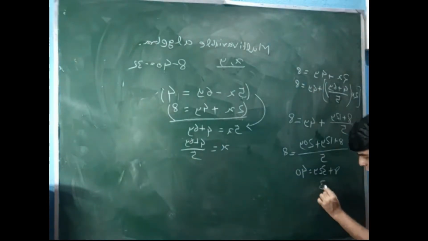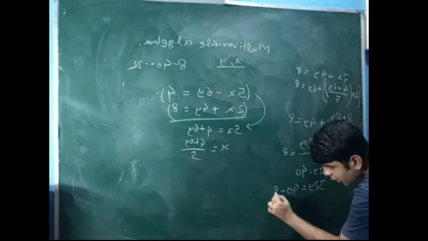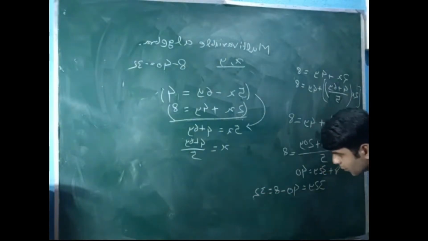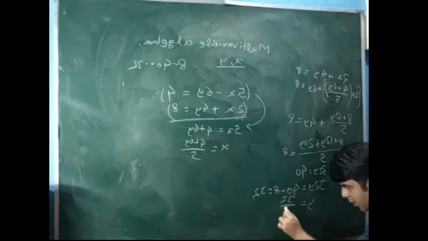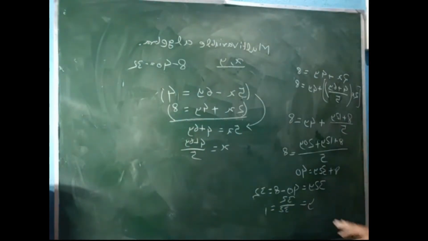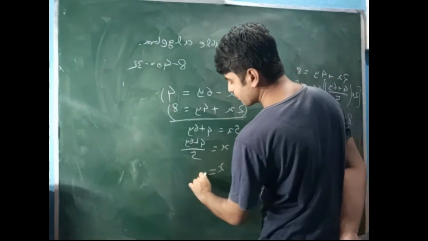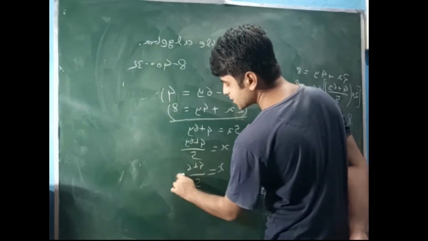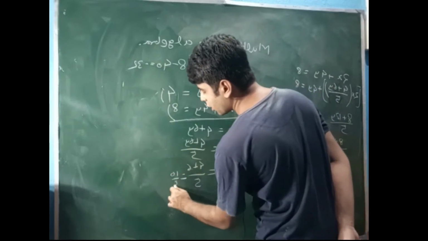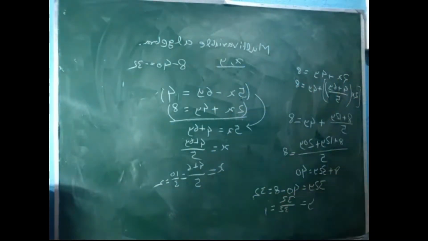So 32y equals 40 minus 8, or 32, or y equals 32 by 32, which is 1. So we get the value of y equals 1. Also the value of x equals 4 plus 6 by 5, which is 10 by 5, or equals 2. So x equals 2, y equals 1.